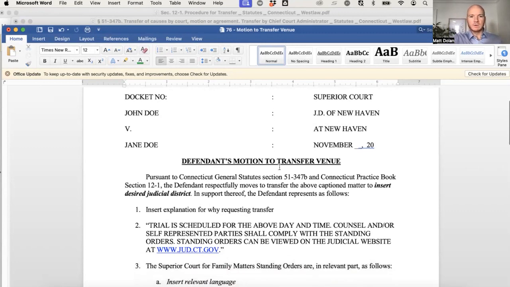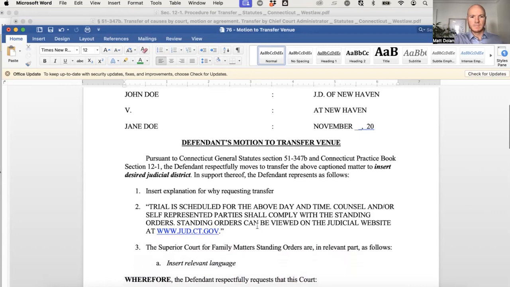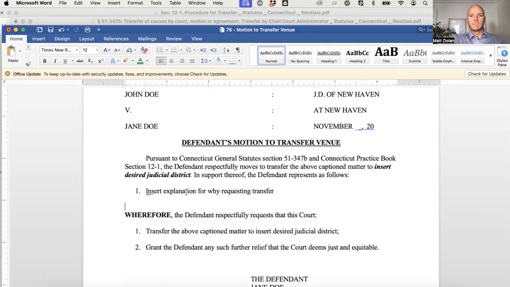So I'm just going to show you a sample motion. This is a motion to transfer venue. It's pretty basic. It just references the statute and the practice book section. You obviously have to insert the judicial district where you want the case to be transferred.